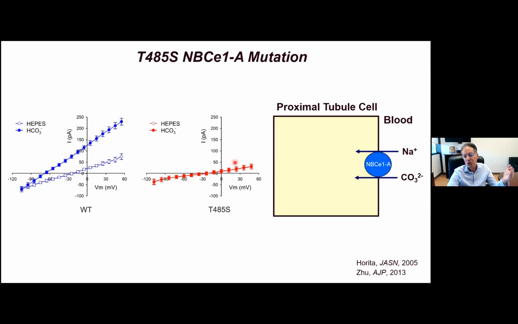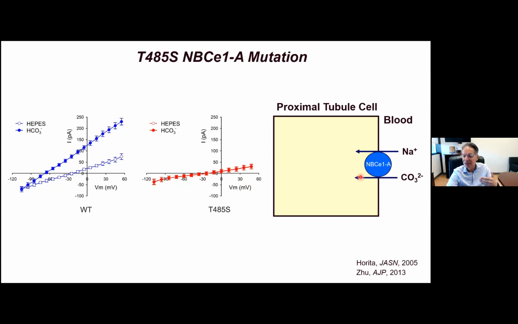In the red here is what you see with this one particular mutation, this threonine 485 serine mutation. You don't get any current at all. And it turns out that you lose the electrogenicity of the current. Now, this transporter actually still transports sodium bicarbonate, but it loses the ability to do it electrogenically. It actually converts from carbonate to bicarbonate transport.